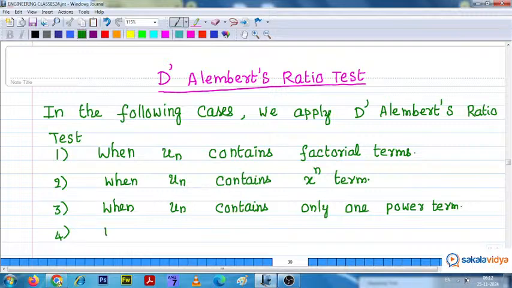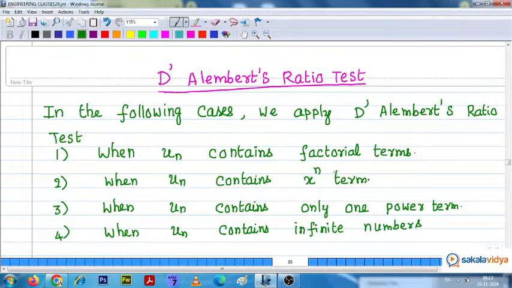So, when u_n contains infinite numbers. These are the general cases to be observed while applying the D'Alembert's ratio test.